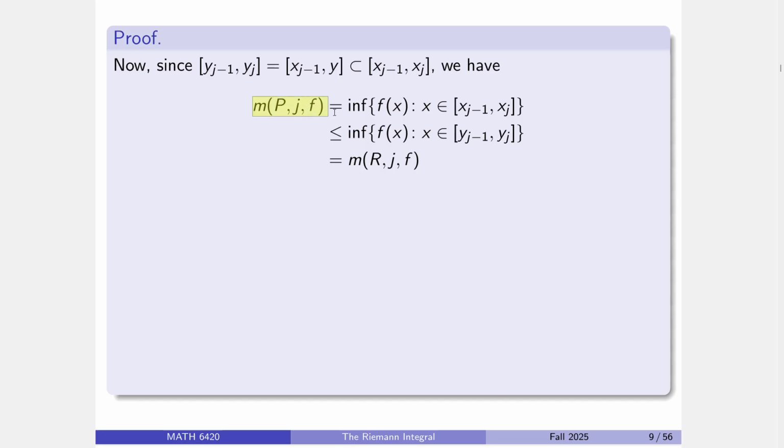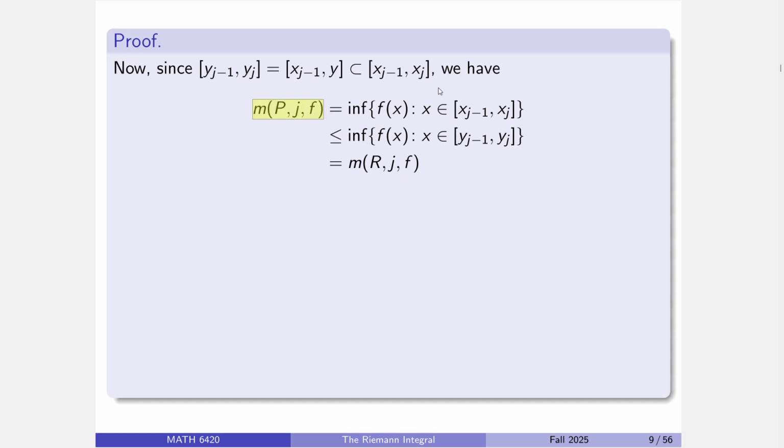So the infimum on the j subinterval for P cannot exceed the infimum on the j subinterval for R, because there we've added in more points, so the infimum could only get smaller here. It can't get bigger.